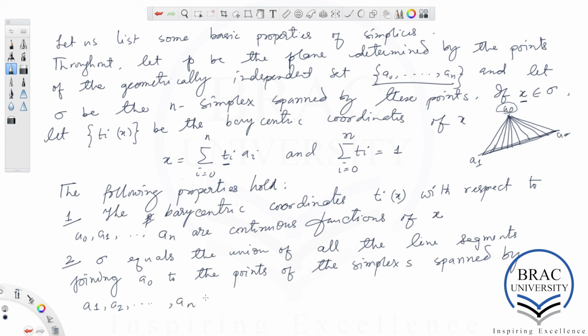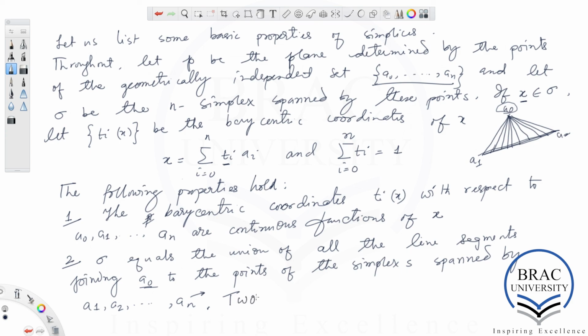So we first need to form the simplex S spanned by all points except for A0, and then we have to take all the line segments joining A0 to the points of this n minus 1 simplex, which is located opposite to A0.